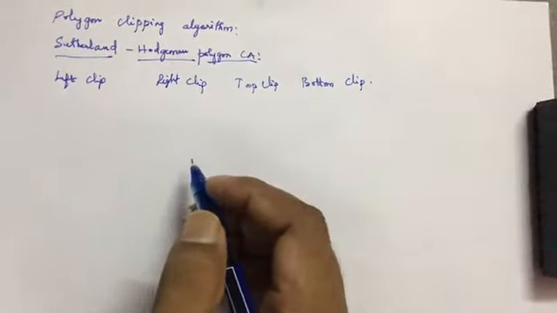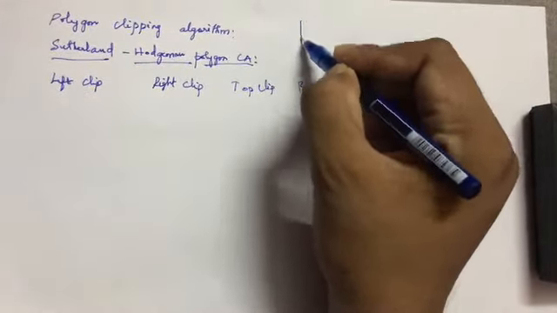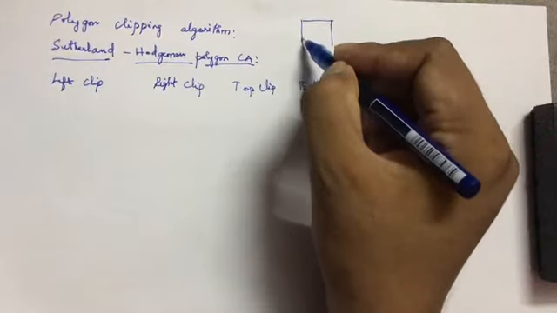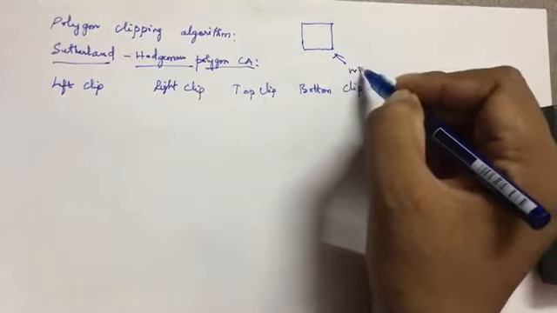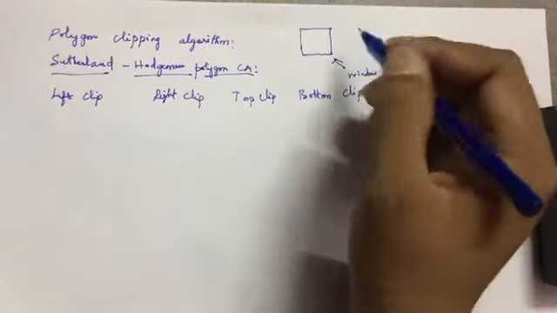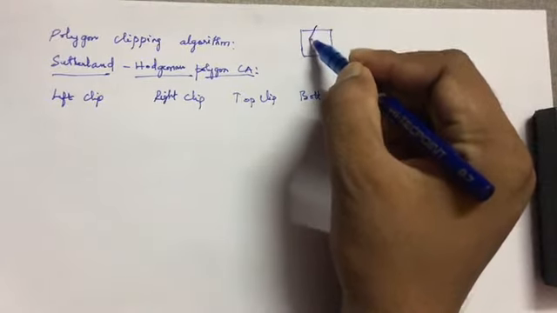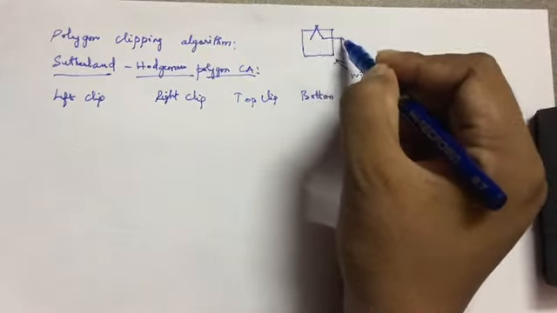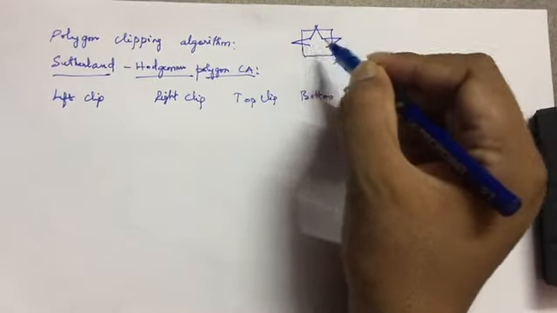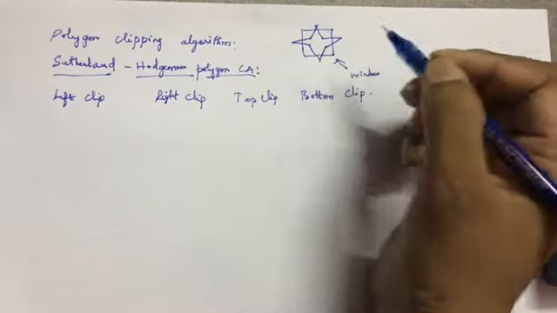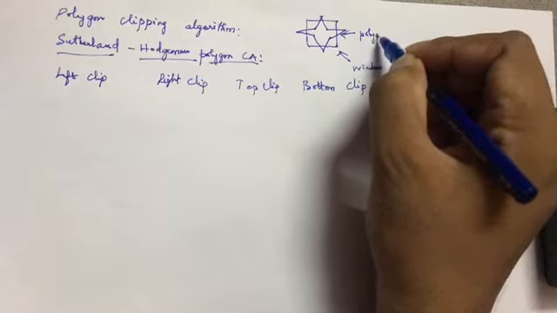So suppose consider the original image is this. So this is nothing but the window. In this the polygon will be like this. So this is nothing but the polygon.